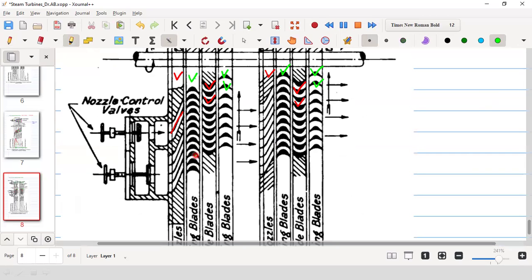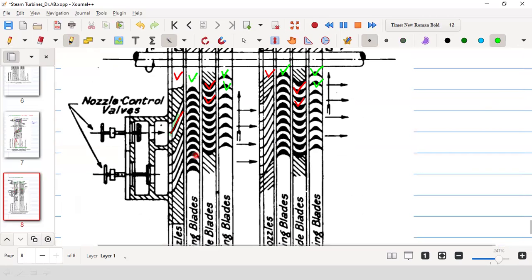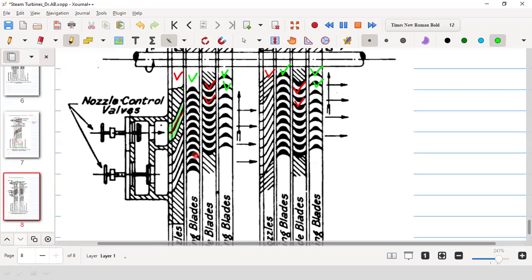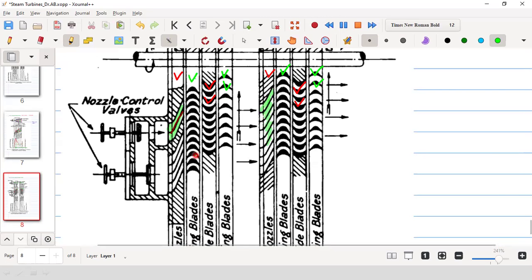This one. You see that this is the nozzle. The green. Again, this is the nozzle. This is the nozzle.